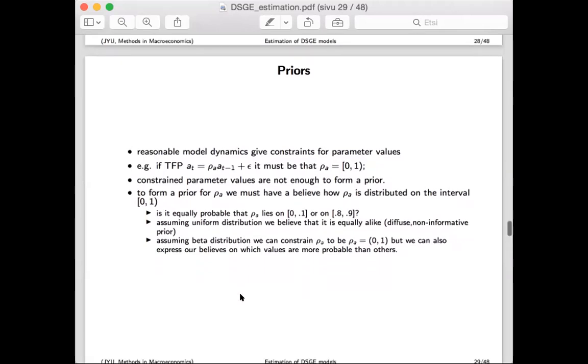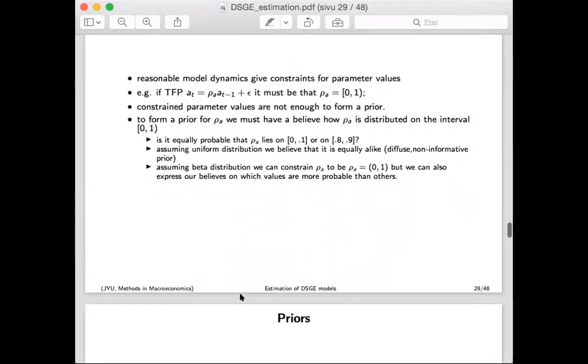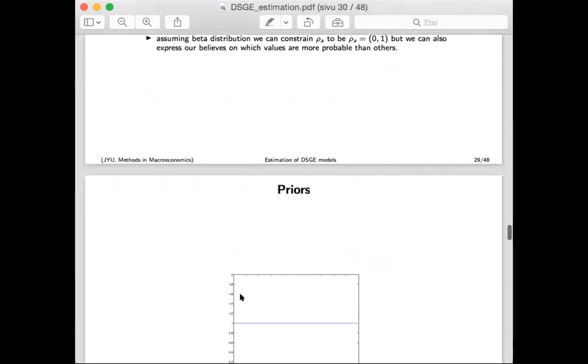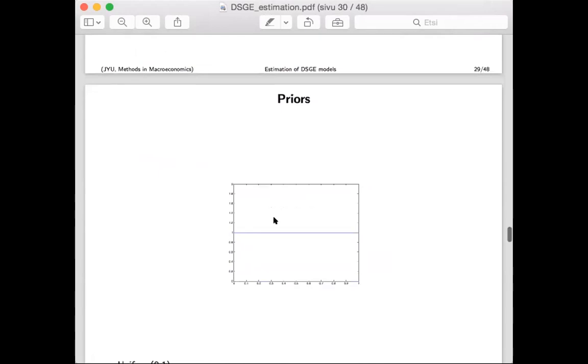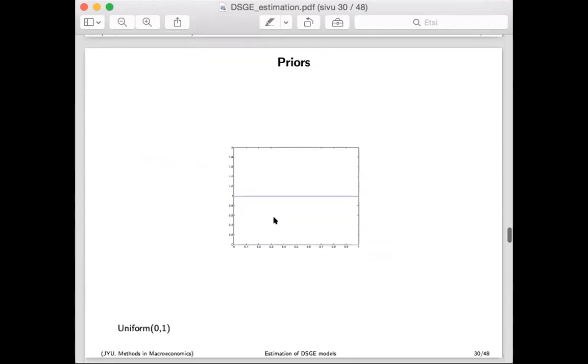So we can assume a uniform prior, where our beliefs regarding these parameters are such that it's equally likely what value it takes from this interval from 0 to 1.